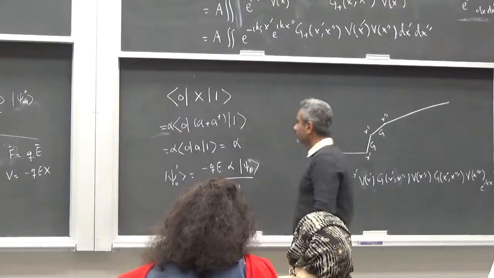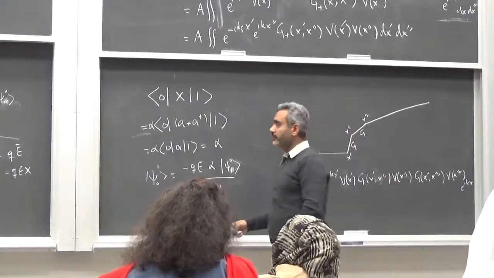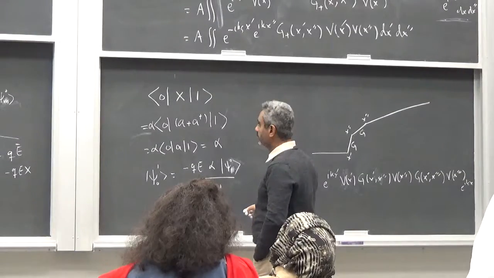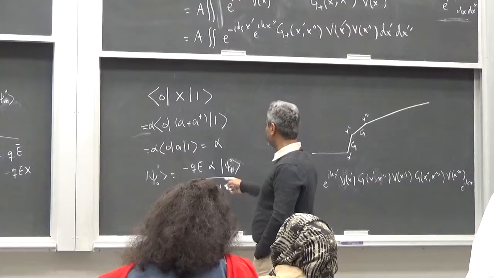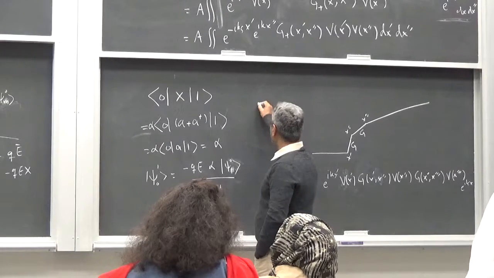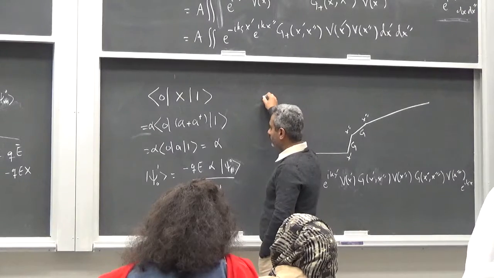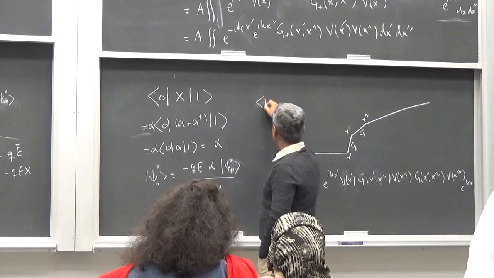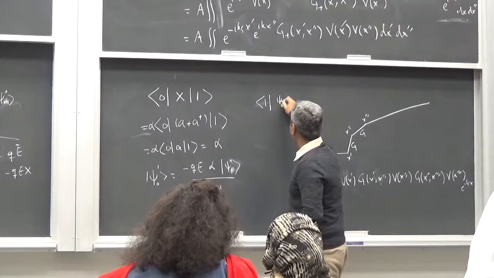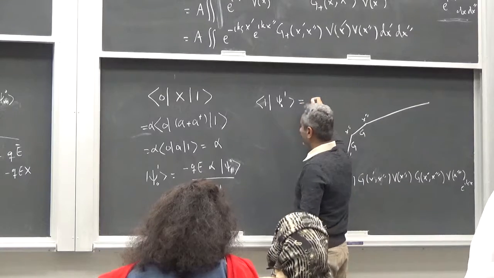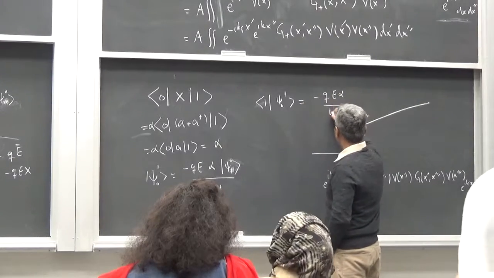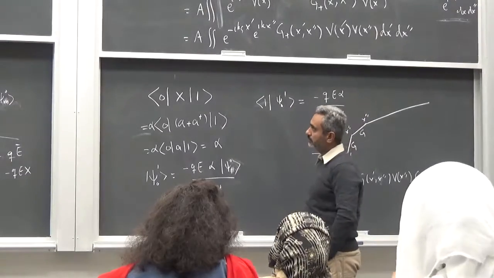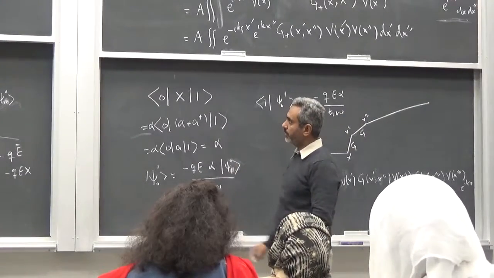And so if you want to calculate that, I have to leave now. If you want to calculate that, then this would simply be mod, so |<1|psi_0^1>|, this is the only non-zero term, and this is minus qE alpha over h-bar omega, and you just put it back in there.